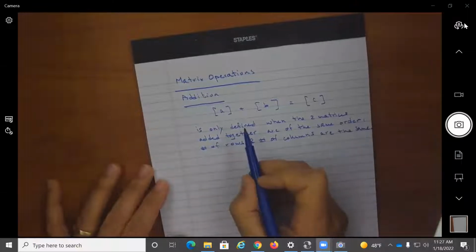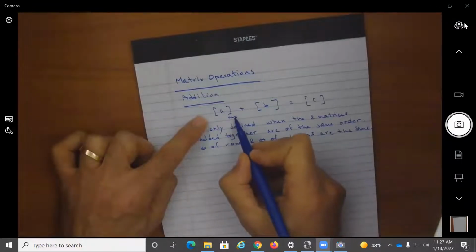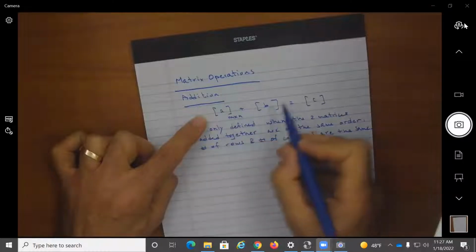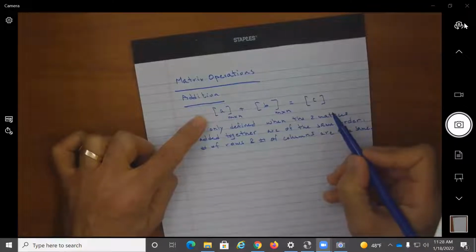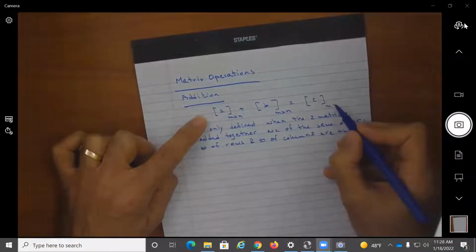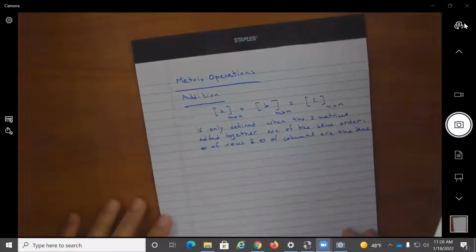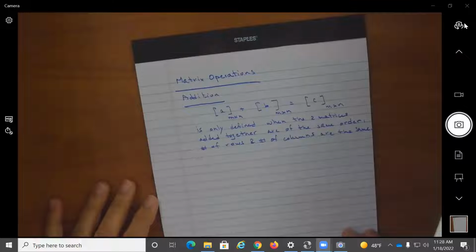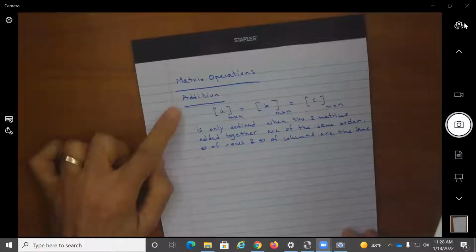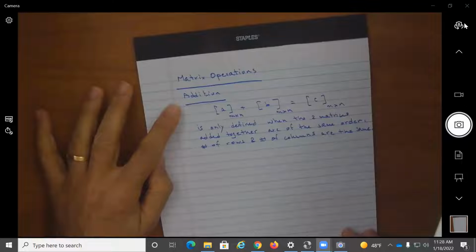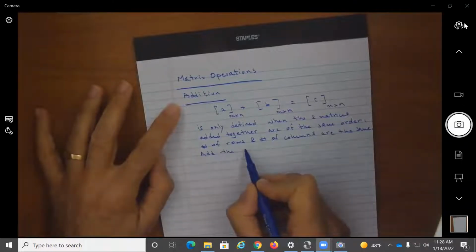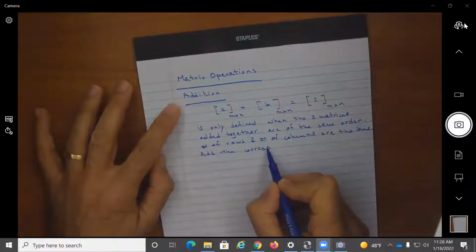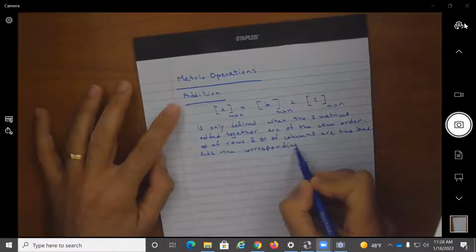So that would mean if A is m by n, then B must also be m by n, and the outcome, the C matrix, is also going to be m by n. And it is straightforward and simple. We simply add the corresponding elements.